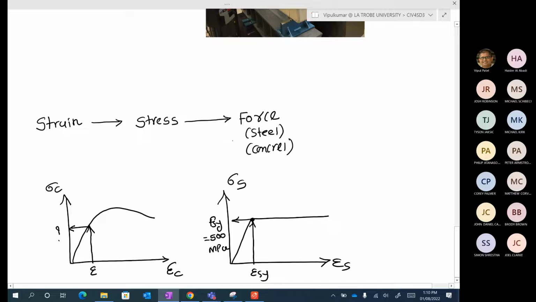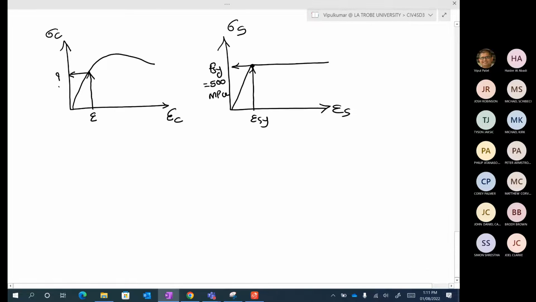Just multiply the stress by the area, that will give you the force. Once you know the force, you can calculate the moment. Right? Moment is equal to the force times the lever arm or z, the perpendicular distance. So that's the overall philosophy: we get the strain, then the stress, then the force, and then we get the moment. Right? So I hope the philosophy makes sense.